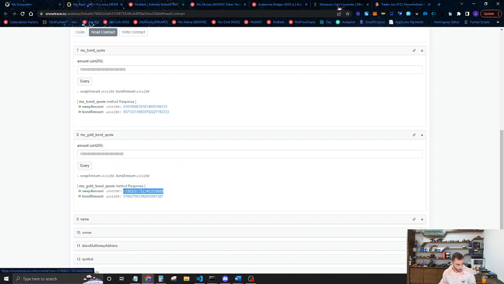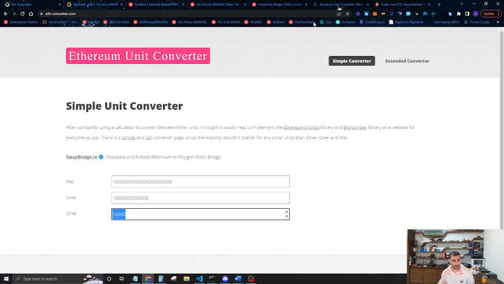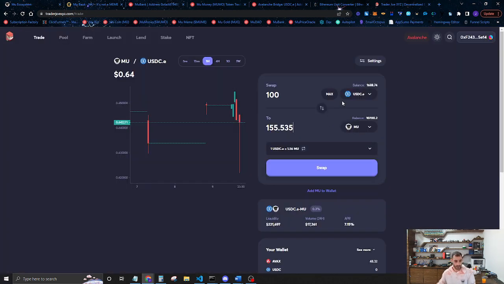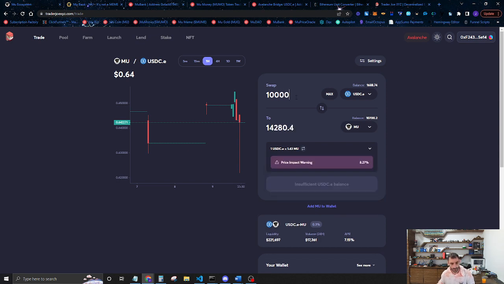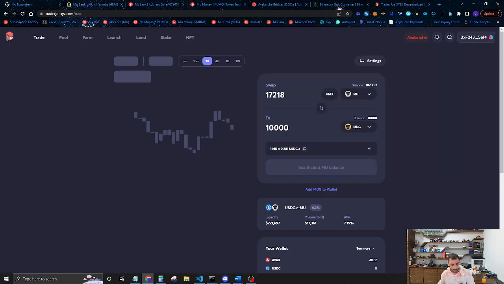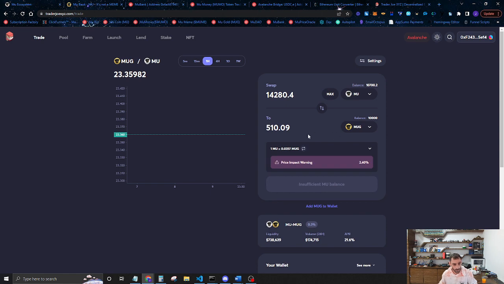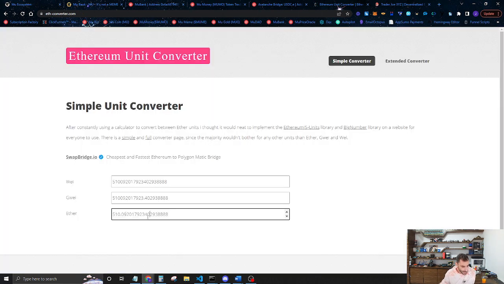And we can prove that just by coming over here and saying, hey, we're going to spend $10,000, and we're going to get this much mu from the liquidity pool. And then we want to actually trade that for mu gold. We can see that we would get 510.09, and that's what this is saying, 510.09.